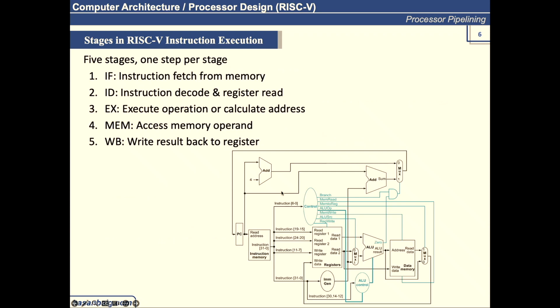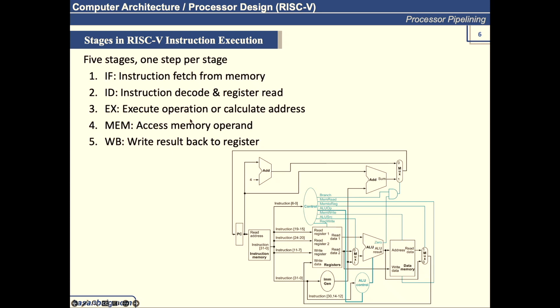But before that, let's assign every stage a name. We split the entire execution into 5 different stages. The first is called IF, the instruction fetch from memory. Then we have the instruction decode and register read. This is the phase where the instruction is decoded and the register is read.